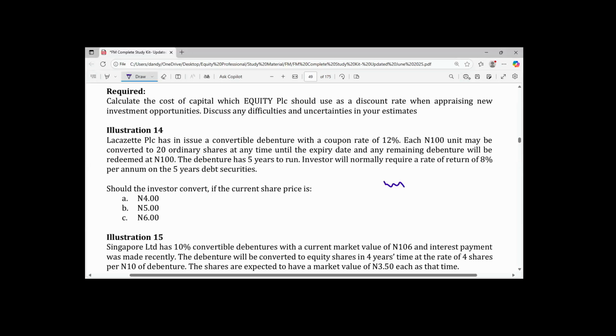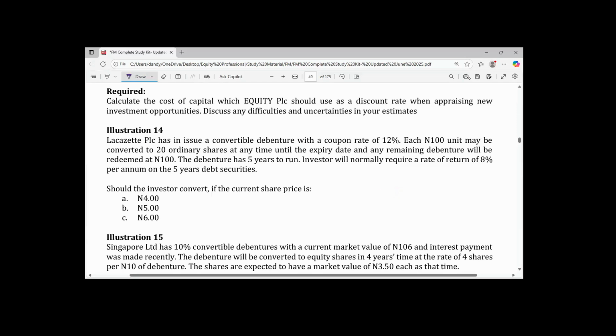So once a company is moving from one industry to another industry, the existing WACC of the company will not be suitable to appraise projects in the new industry. Therefore, a cost of capital that will be suitable to appraise or to evaluate the projects will need to be computed. And that cost of capital is called project-specific cost of capital.